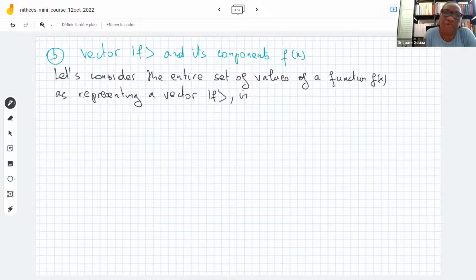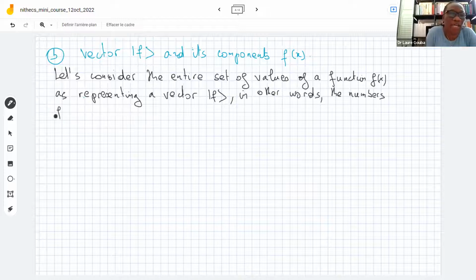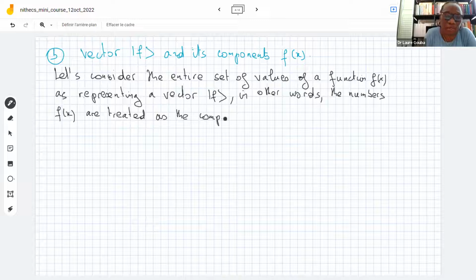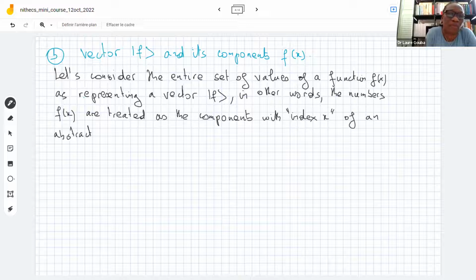In other words, the numbers f of x, of course, where x is a continuous variable, are treated as the components with index x of an abstract vector f.